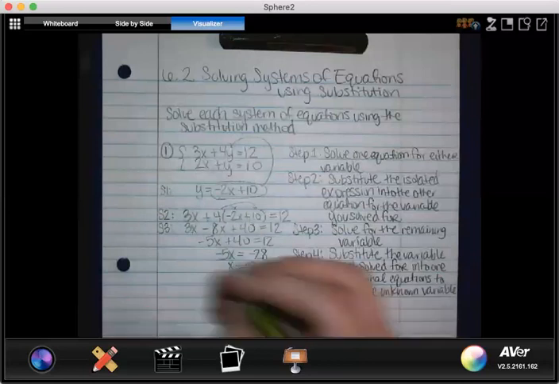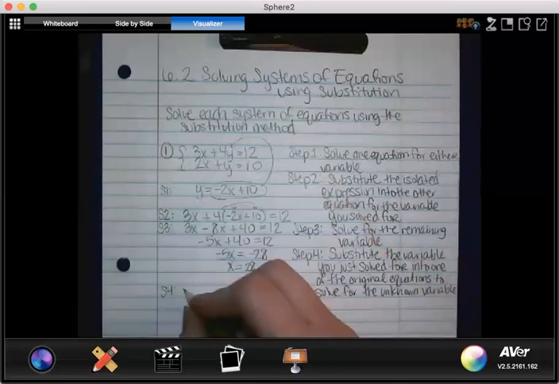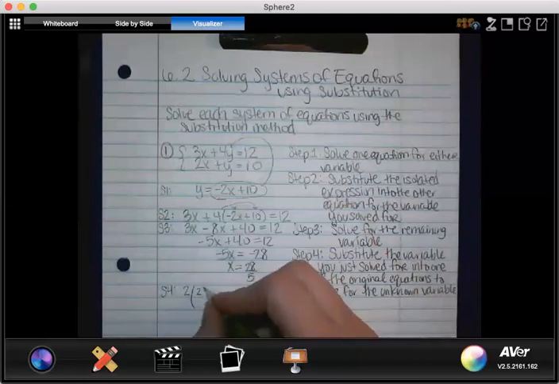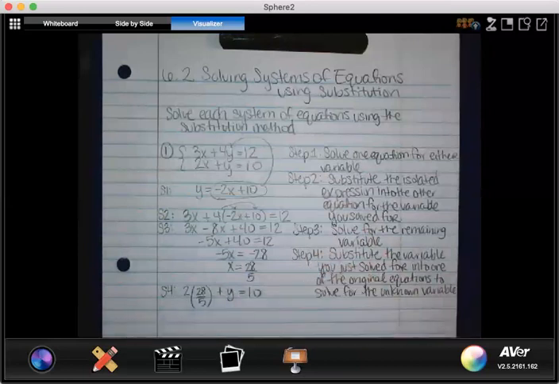So step 4, 2x, so 2 times 28/5 plus y equals 10. 2 times 28 is 56, so 56/5.